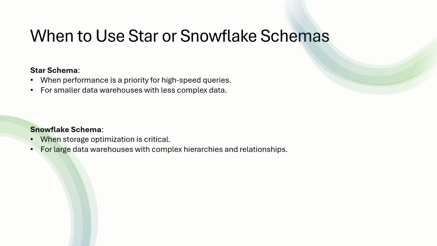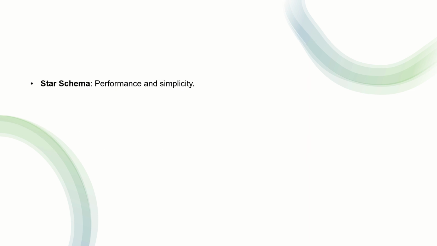In that case, data storage is not crucial for you, you need performance, so you'll go with star schema. But say you have a huge amount of data, say TBs of data, where storage is also very critical, in that case you'll go for snowflake schema.